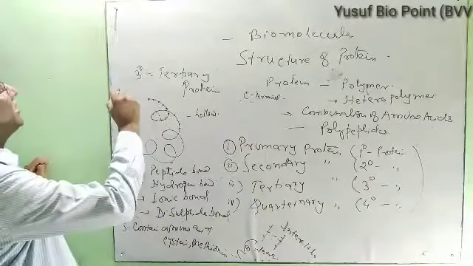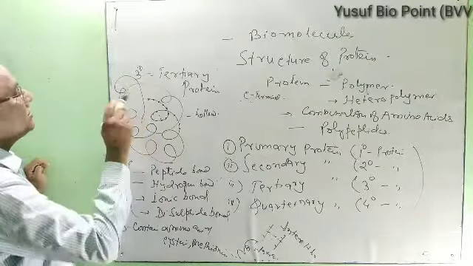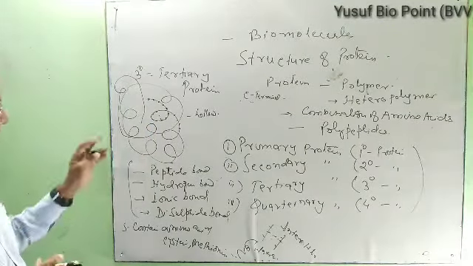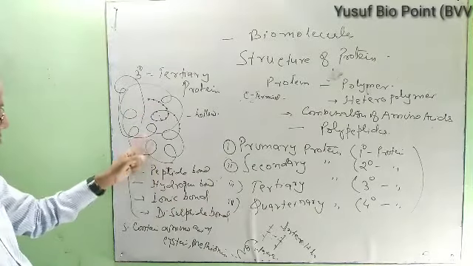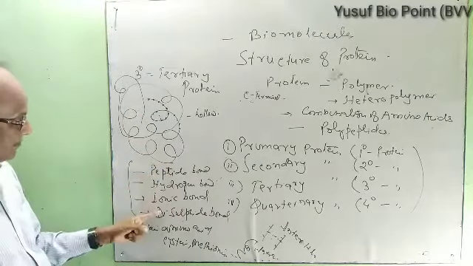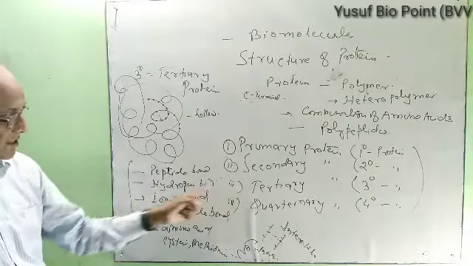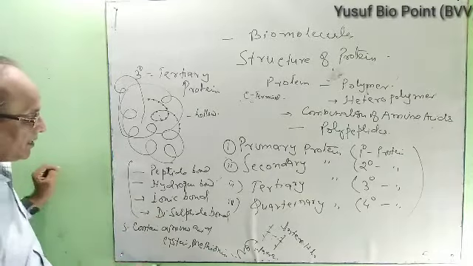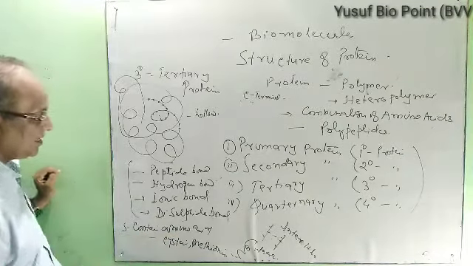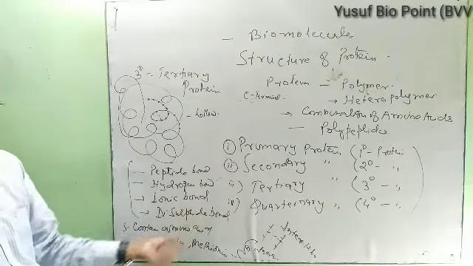In such proteins, these 4 types of bonds are found. And if sulfur containing amino acids are present, that will contain sulfide bond.